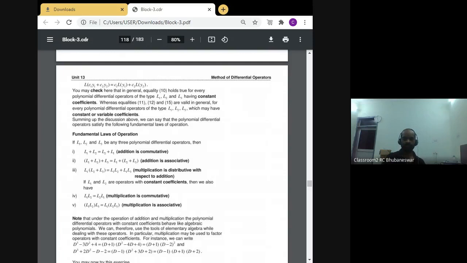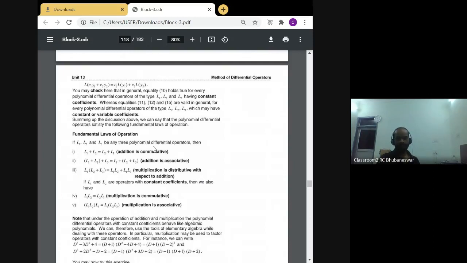That means they will satisfy the commutative law, associative law, and multiplication is distributive with respect to addition, and also multiplication is commutative and associative. These are the common and basic rules of these polynomial differential operators.